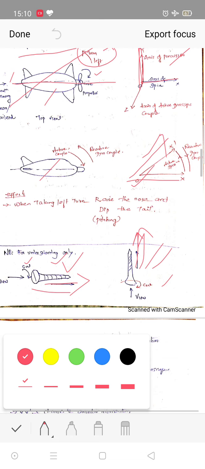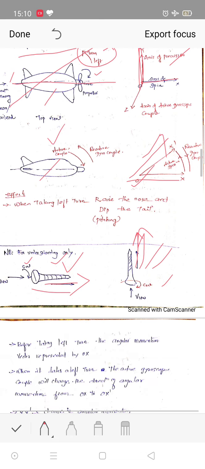I am representing the direction of the active couple in the front view, that is, in clockwise direction. So what will be the reactive gyroscopic couple direction? It will be opposite to the active gyroscopic couple, so the reactive gyroscopic couple will be in anti-clockwise direction.